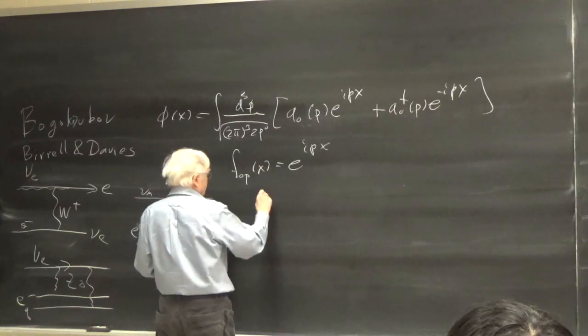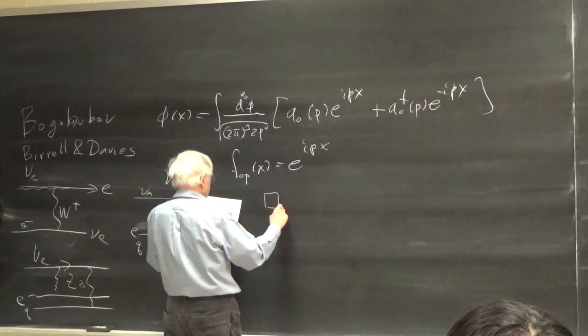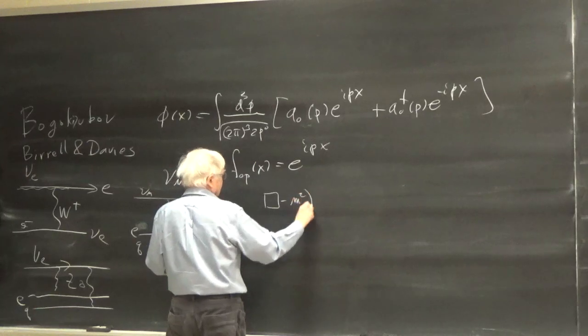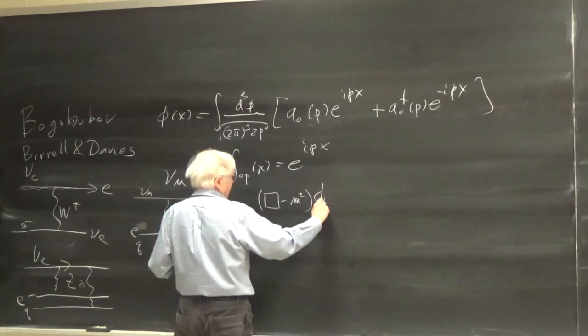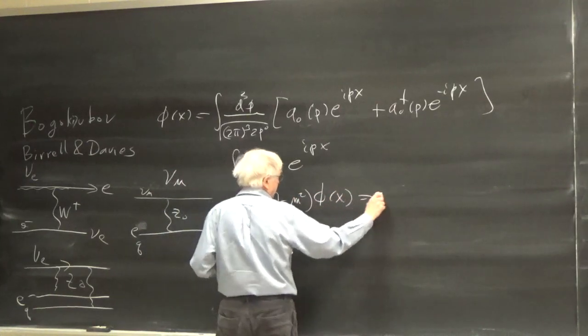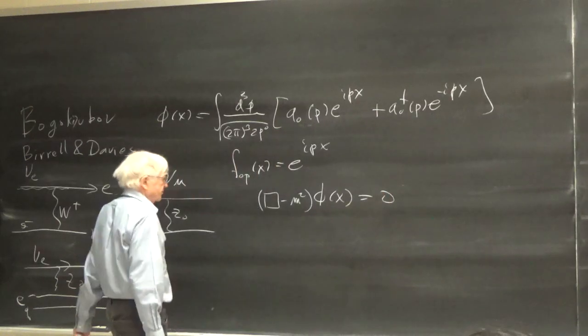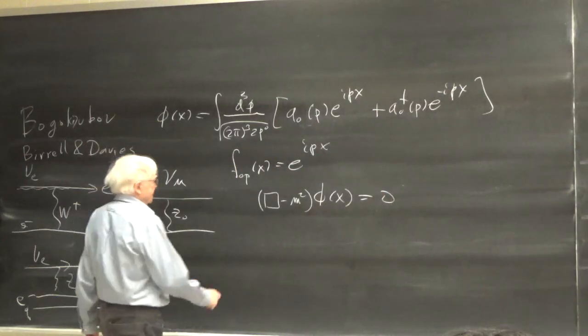These, of course, are solutions of the Klein-Gordon equation, box minus m squared.